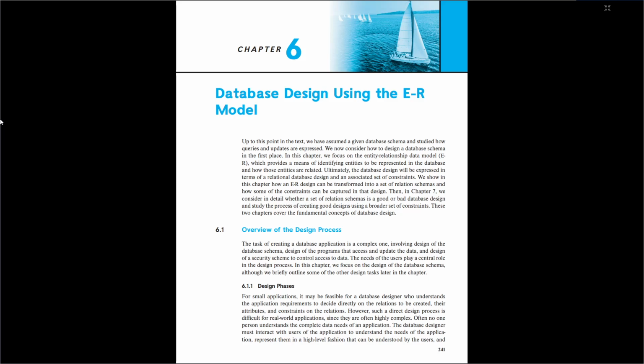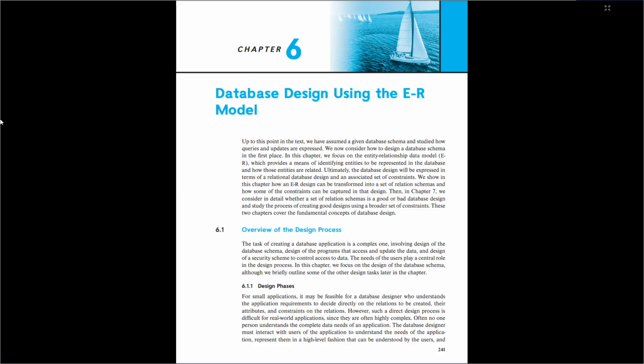6.1.1 Design Phases. For small applications, it may be feasible for a database designer who understands the application requirements to decide directly on the relations to be created, their attributes, and constraints on the relations. However, such a direct design process is difficult for real-world applications, since they are often highly complex. Often no one person understands the complete data needs of an application.